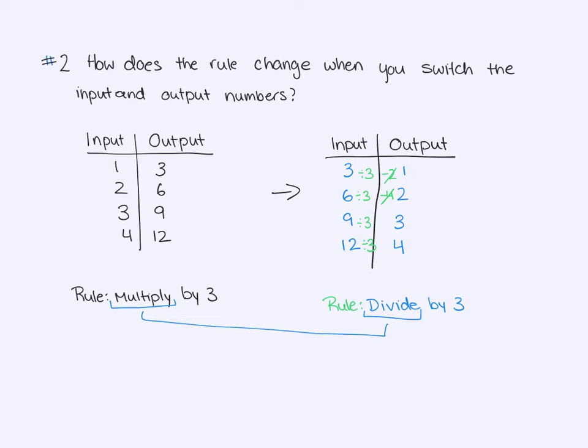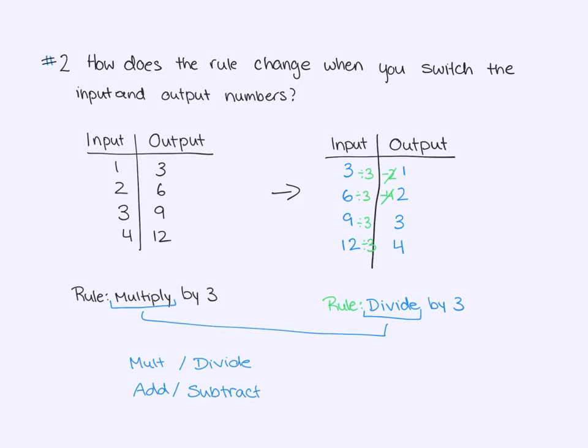So one of the things that you'll remember is when we looked at what kind of opposite operations were, multiplying was the opposite of dividing, and adding is kind of the opposite of subtract. It's how you undo the other operation.